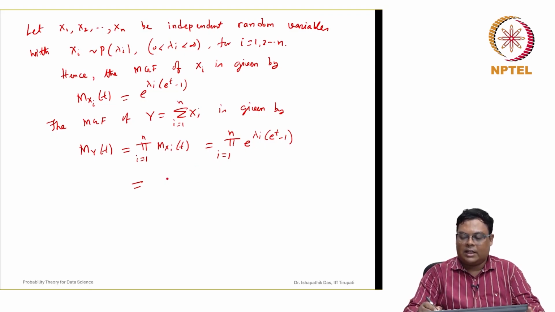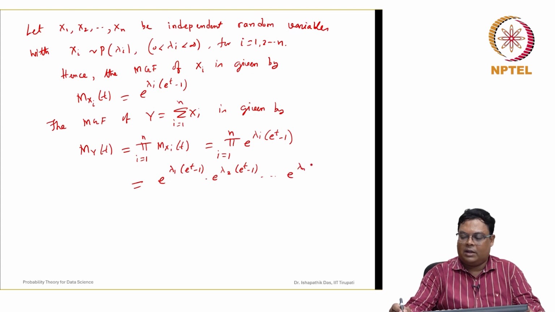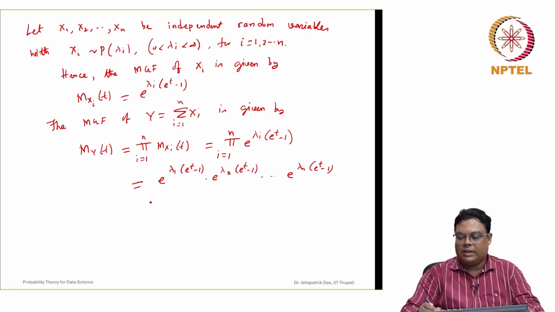So, now this is nothing but e to the power of lambda_1 (e^t minus 1) into e to the power of lambda_2 (e^t minus 1) up to e to the power of lambda_n (e^t minus 1). Just I explicitly write these things.